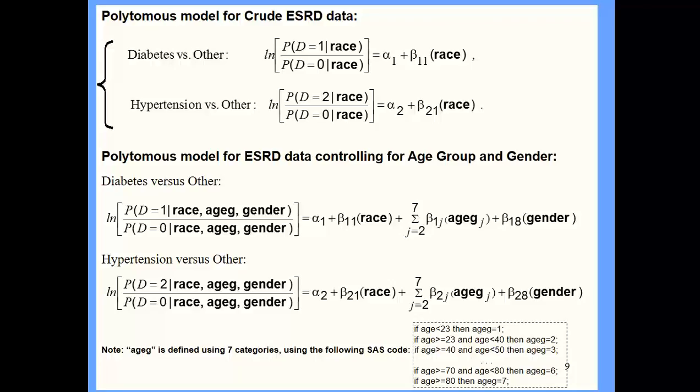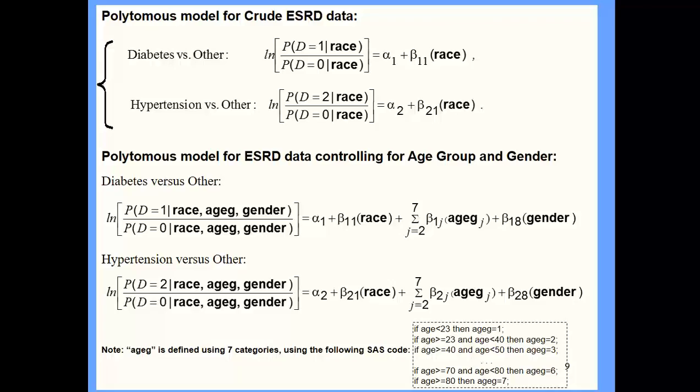But when you're doing polytomous logistic regression, these 2 are combined to state the model. Any one of them alone is not the polytomous model, it's just relating race with the reference group. But the 2 together are a polytomous logistic regression model because it allows you to consider them together.